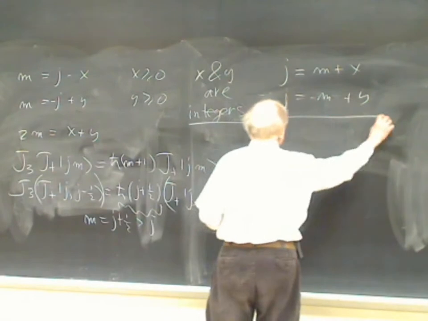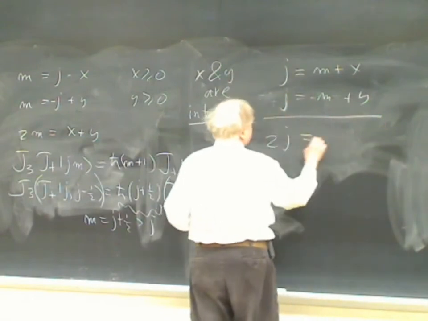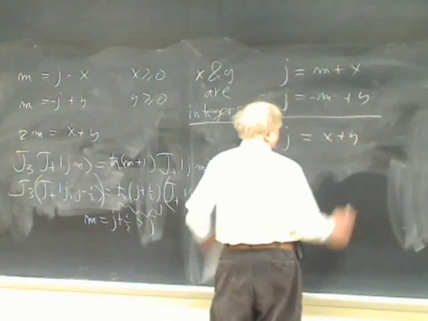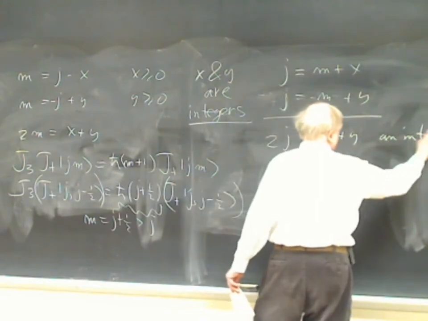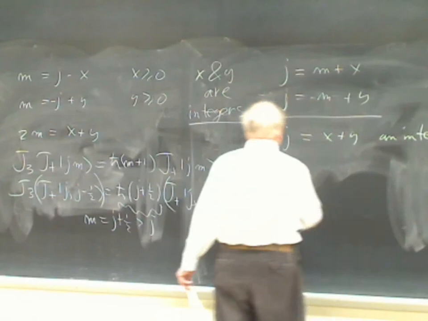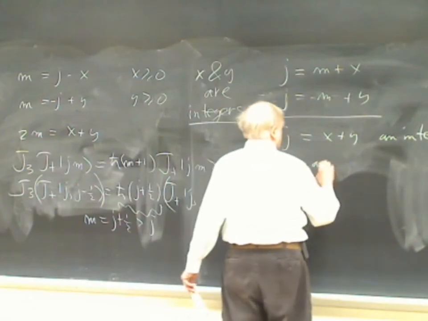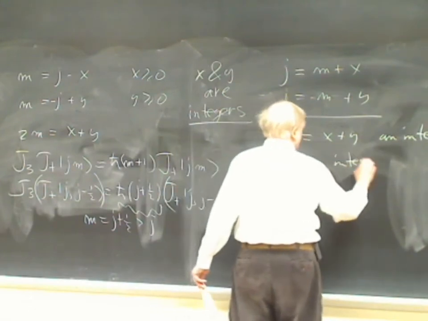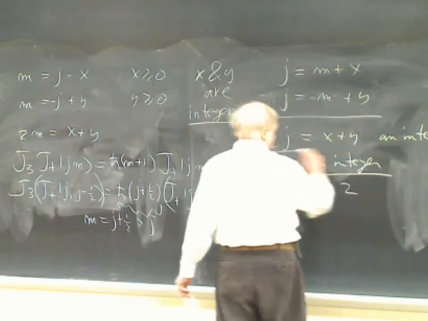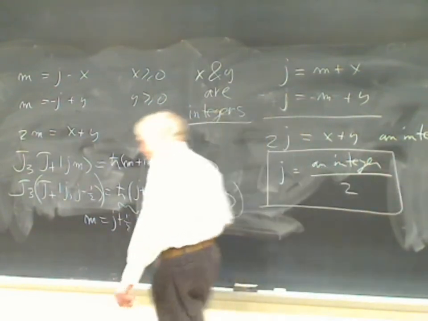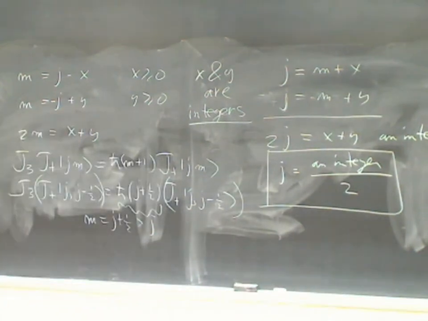Adding the two together, we get 2j is equal to x plus y, which is then an integer. So j is equal to an integer divided by 2. And this, of course, is the really surprising result that comes out of this analysis.